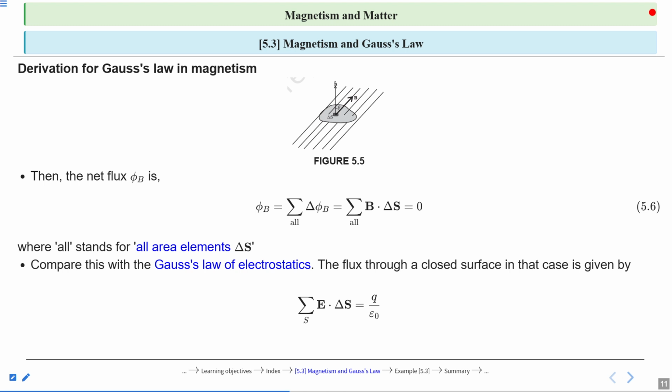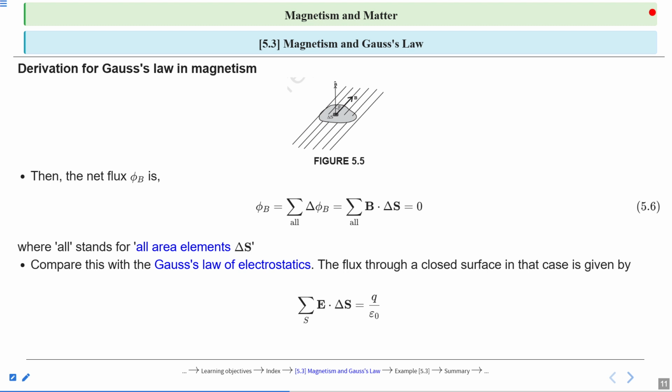Then we convert this summation sign into a closed integral sign, and delta S will tend to 0, a very small area, and we write it as dS, and in place of summation we replace it with the closed integral.